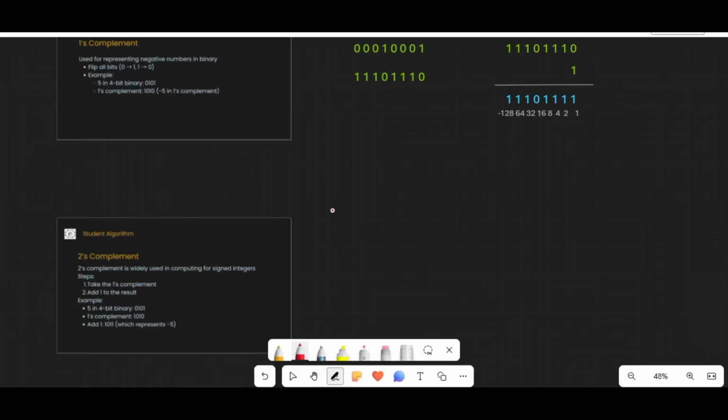Generally, computers have a 32-bit architecture where every number is stored in 32 bits. For example, if we want to store 1, it will be stored as 0, 0, 0, 0, and so on, with the last bit being 1, numbered 0 to 31.